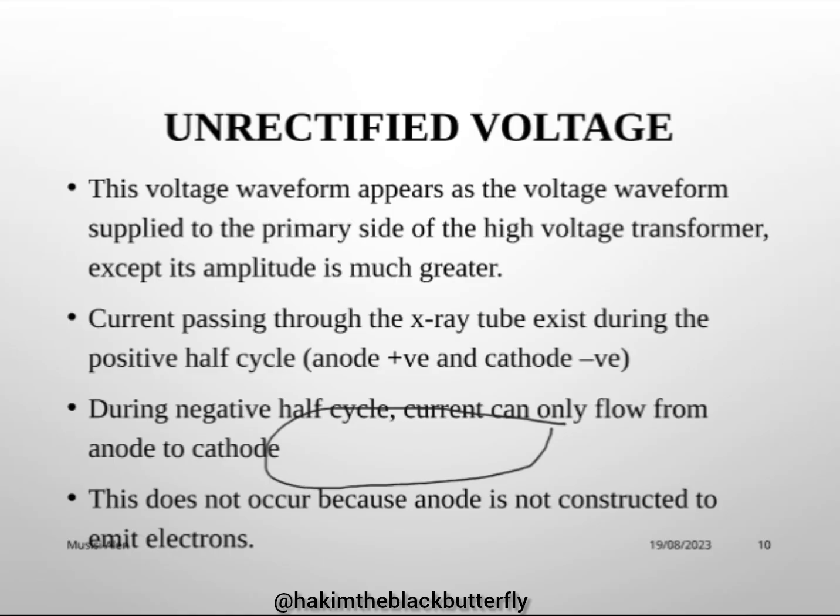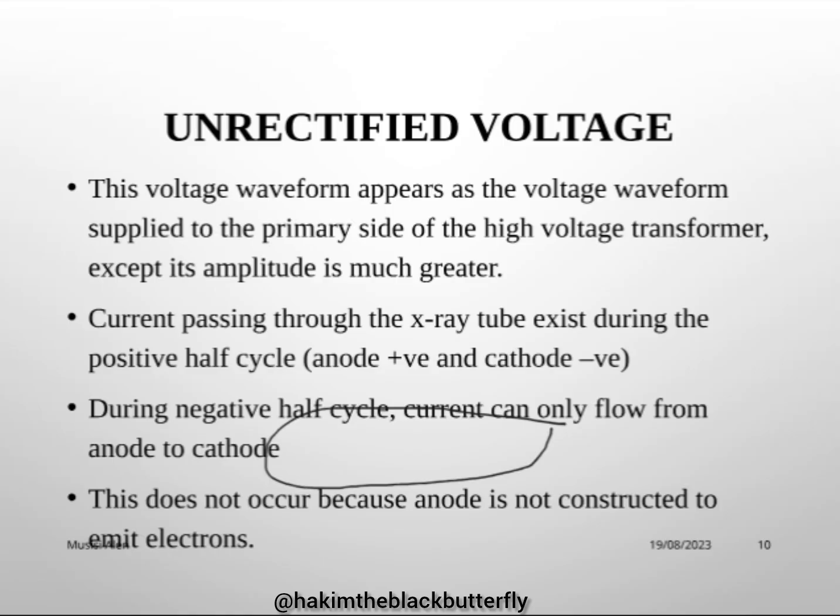So if this voltage goes to the X-ray tube, the current passing through the X-ray tube exists during the positive half cycle. That is when the anode is positive and the cathode is negative. During the negative half cycle, current can only flow from the anode to the cathode, and we don't want that to happen.